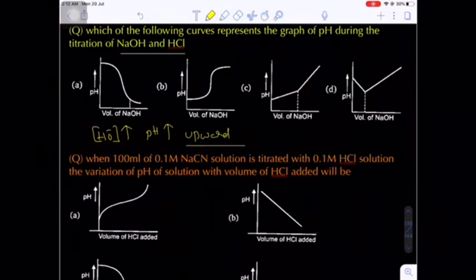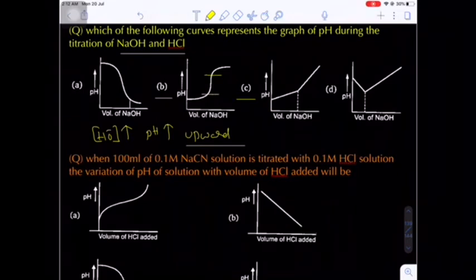Are you getting my point? OH minus ion concentration increases, the pH of the solution increases, so an upward graph should be present.